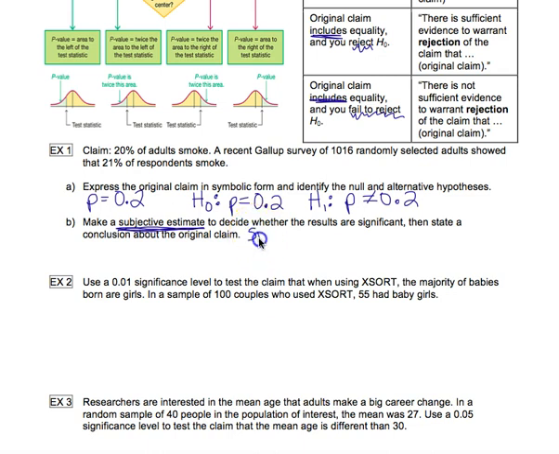So I would say that since 20% is approximately 21%, that means that we would fail to reject our null hypothesis, meaning we're saying that it is possible that 20% of adults smoke based on this information that we've been given.